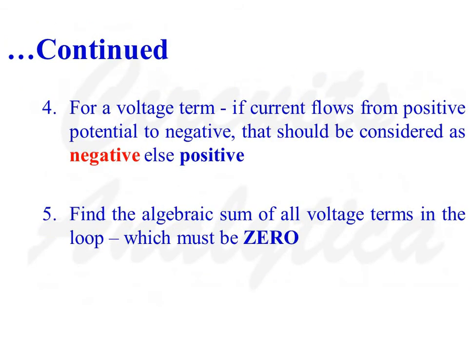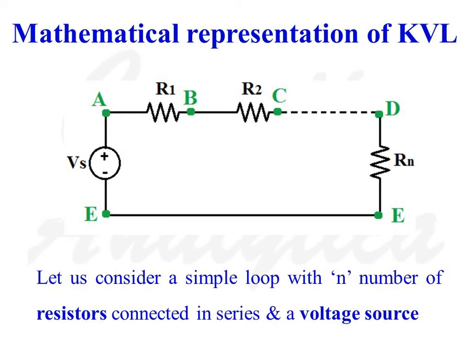Consider each term separately in the direction of current flow. For a voltage term, if current flows from positive potential to negative potential, that should be considered as negative, else positive. Find the algebraic sum of all voltage terms in the loop, which must be equal to 0.